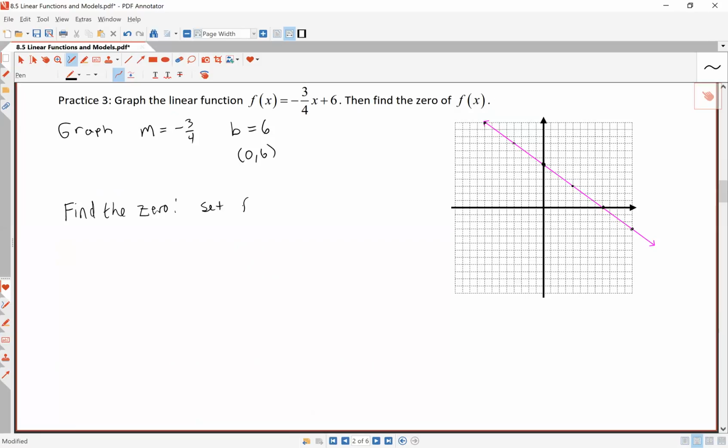And now to find the zero, we go ahead and set f of x equal to 0. So f of x is negative 3/4 x plus 6, and setting it equal to 0 gives us 0 equals negative 3/4 x plus 6. We solve this equation by subtracting 6 from both sides.